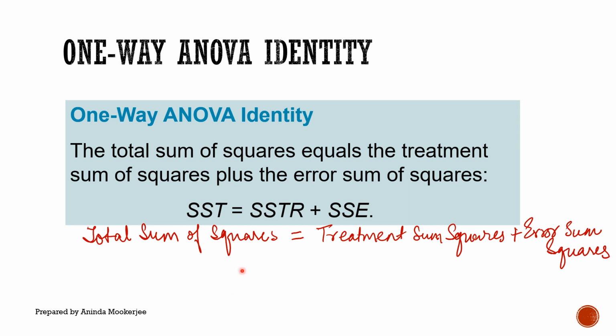Now, the way it helps in speeding up the calculation is it's easier to find SST and SSTR, and once we have those values, then we can just plug them into this equation and solve for the missing value SSE. So I'm going to go through an example using the computational formulas.